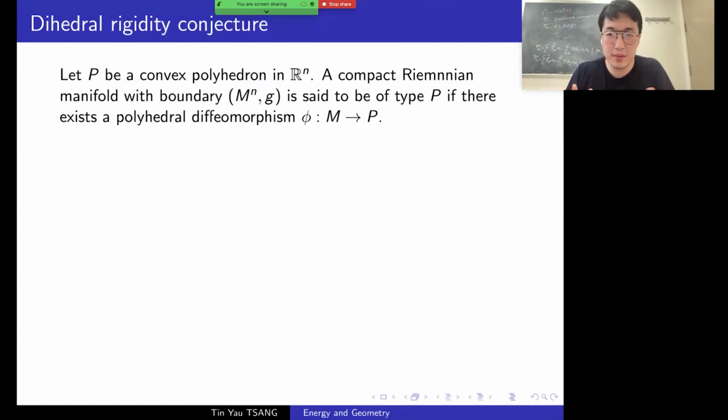In simple terms, you may see this as a coordinate chart. Of course, in general, we can consider a more general scenario, for example, a degree one map instead of a diffeomorphism.